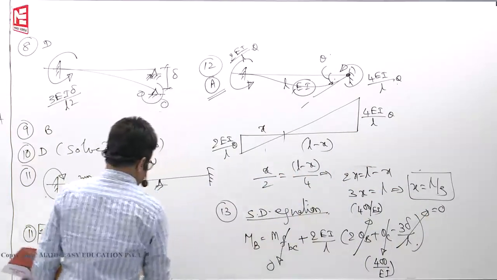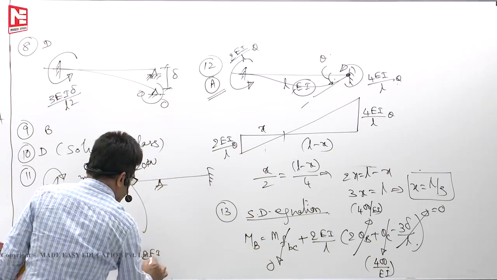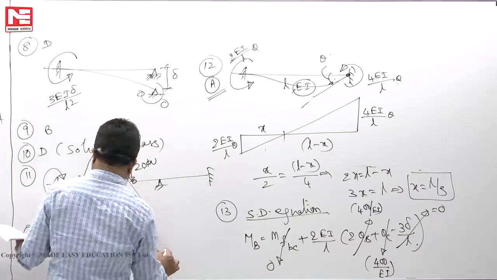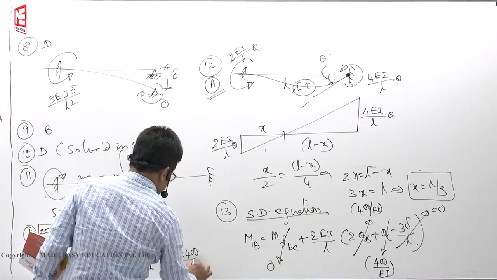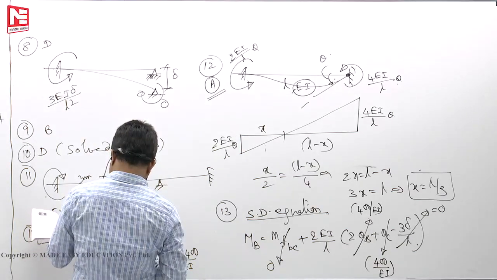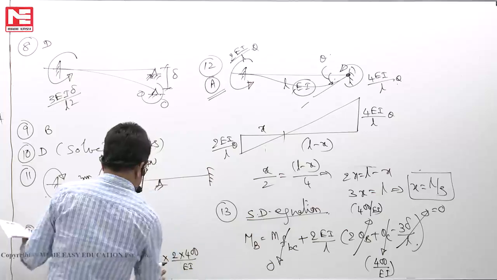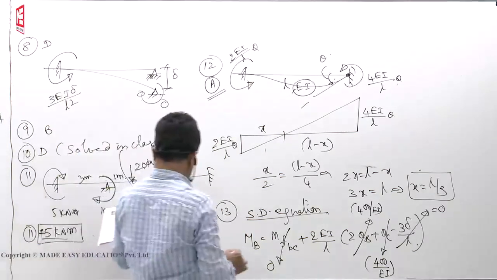So in this case MB you will get 2EI by L into 2 into 400 by EI. The span is given as 10 meters, so 2EI by 10 meters.